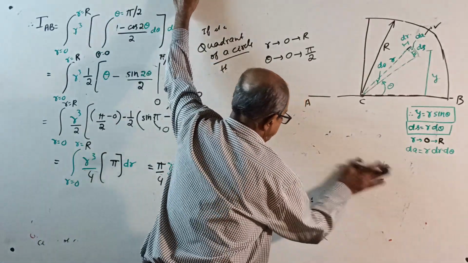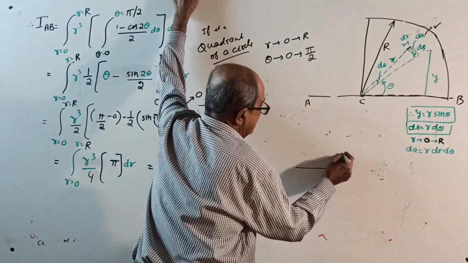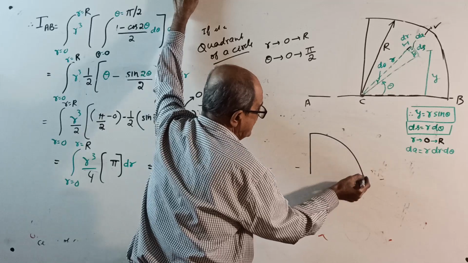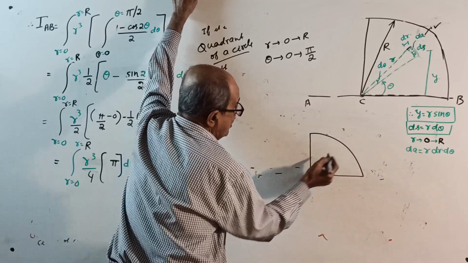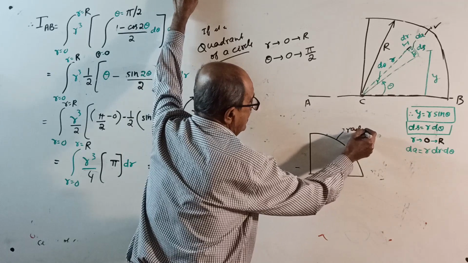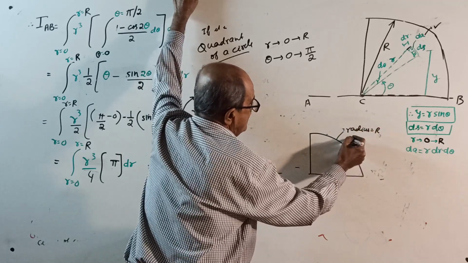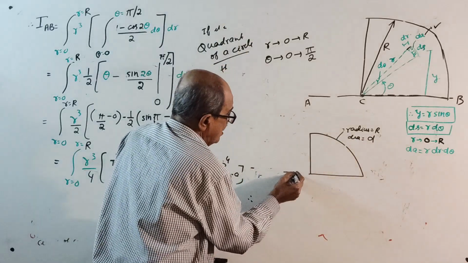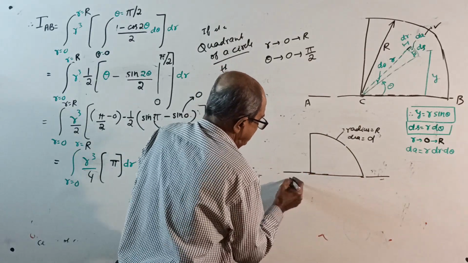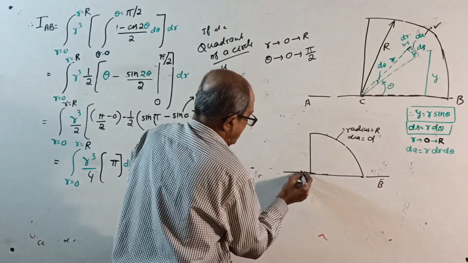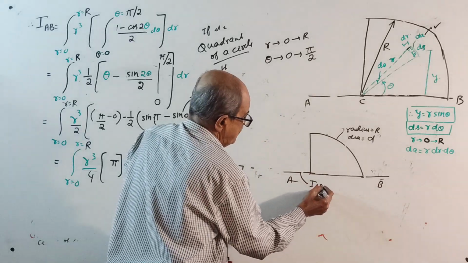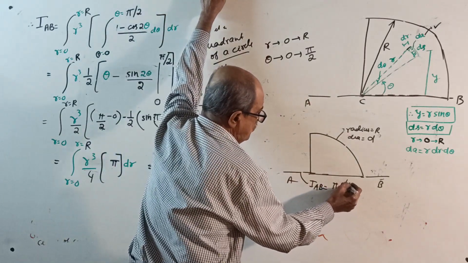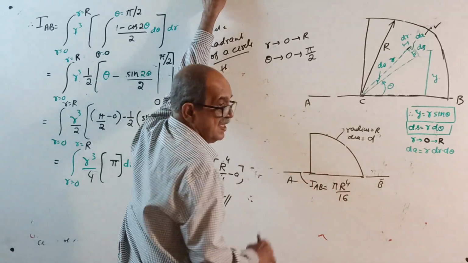And therefore, answer. If it is a semicircle, same way, I don't want to change it. Suppose it is a semicircle of radius equal to r and diameter equal to d, if it is not centered on the axis. If you want I about this axis AB, your IAB in terms of radius is pi r power 4 by 16.